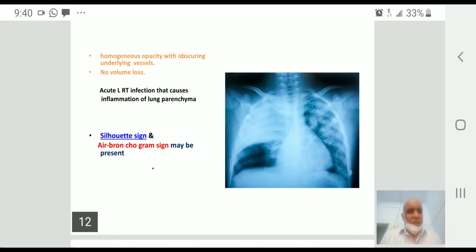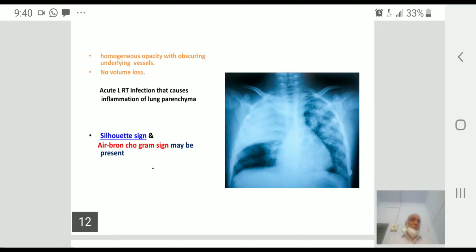Air is dark on X-ray, surrounded by the exudative field. The alveoli look white. This is called the air bronchogram sign. Now the silhouette sign: it means there is an interface between two different densities. When the lung density is low compared to the consolidation area, we can easily differentiate the dark area from the white area.